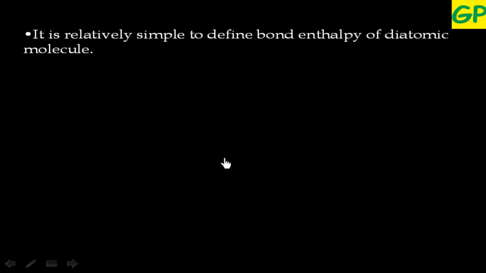An important point: a chlorine molecule is a diatomic molecule. We have chlorine-chlorine, only a single bond. In these cases, defining bond enthalpy is very easy. It is relatively simple to define the bond enthalpy of a diatomic molecule because it has only one bond.